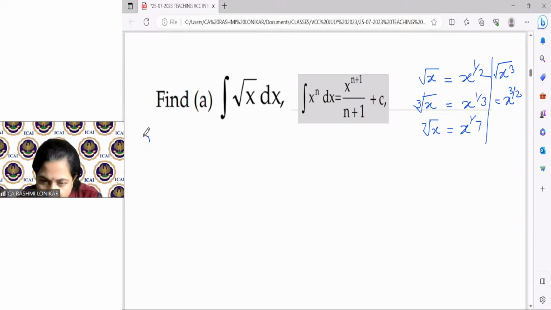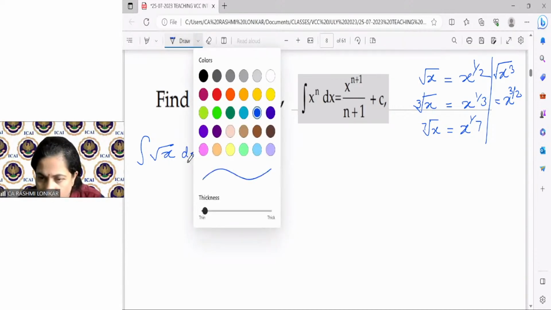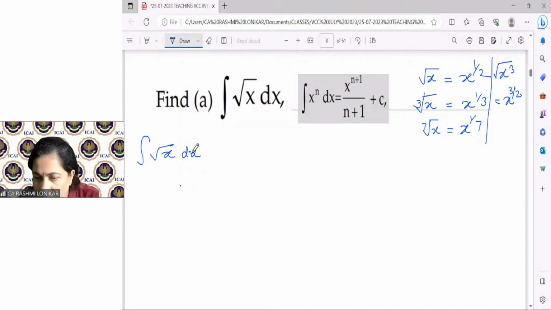Okay, so I have integral of square root of x dx. Integral of square root of x dx is equal to integral of x raised to half dx. Simply instead of the square root sign, I've written it as its value. So what is my n? n is equal to half. So I will be using this formula.